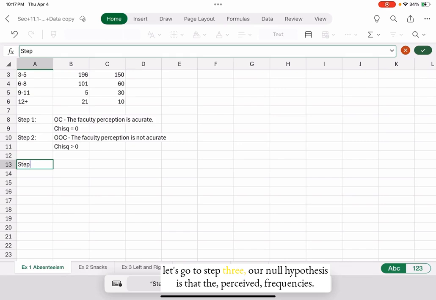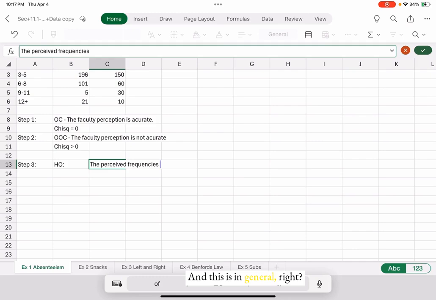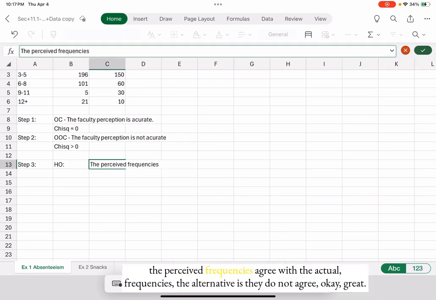Let's go to step 3. Our null hypothesis is that the perceived frequencies, and this is in general, right, agree with the actual frequencies. The alternative is they do not agree.